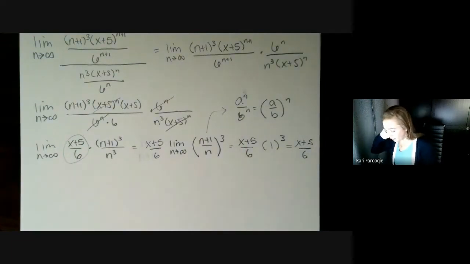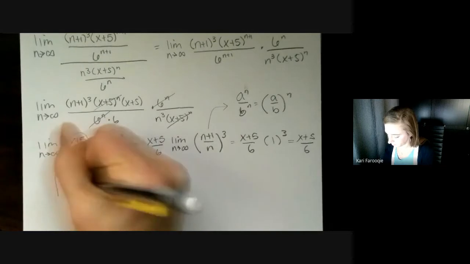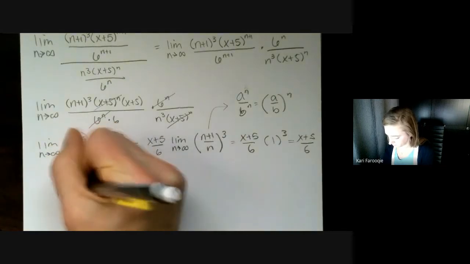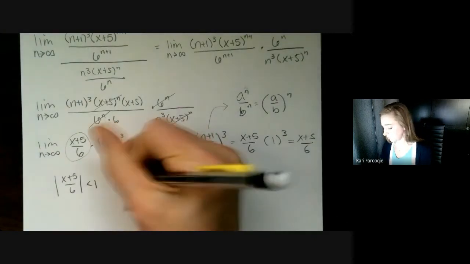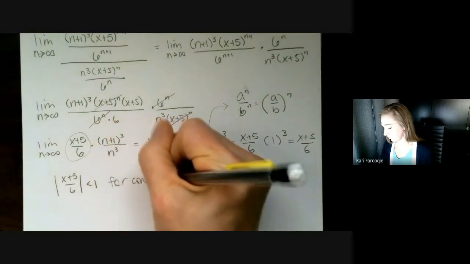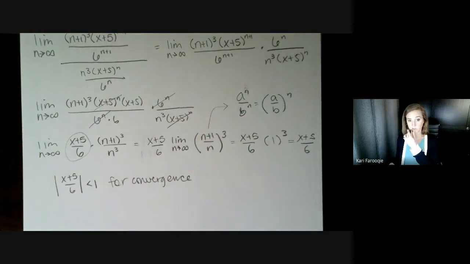Now, when I do that, it must be the case that the absolute value of the quantity is less than 1. And we need this for convergence.